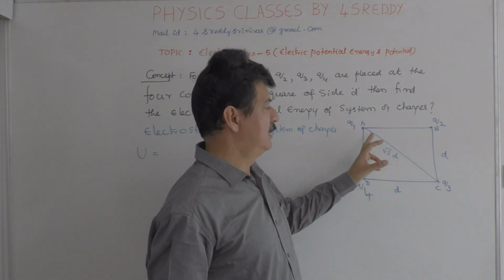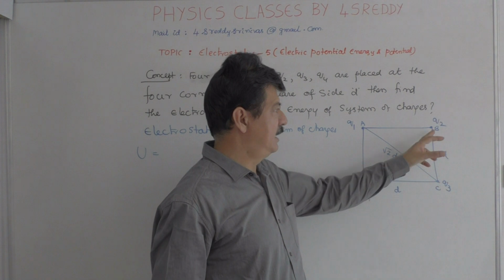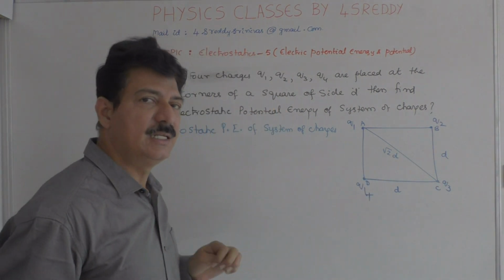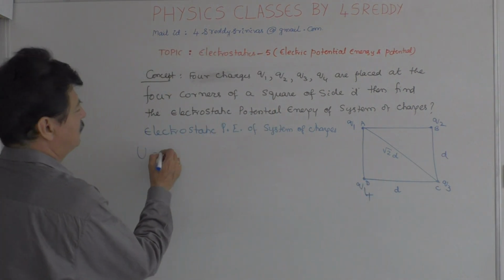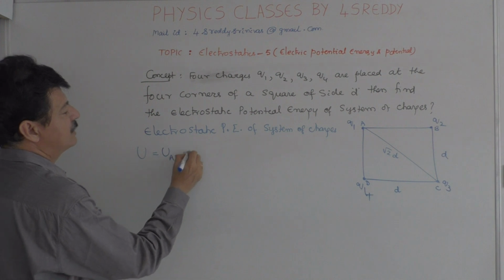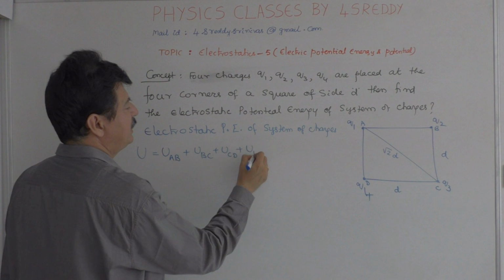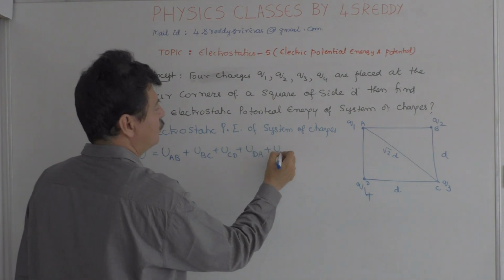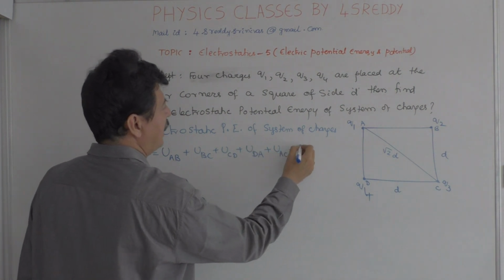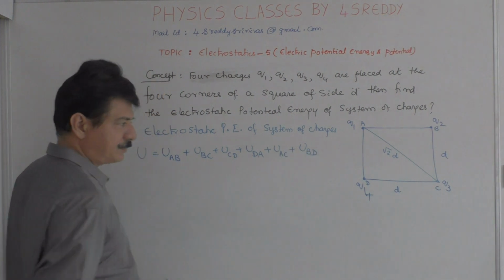In addition to that, interaction energy between A and C, interaction energy between B and D. There are 6 terms we are going to get: UAB plus UBC plus UCD plus UDA plus UAC plus UBD.